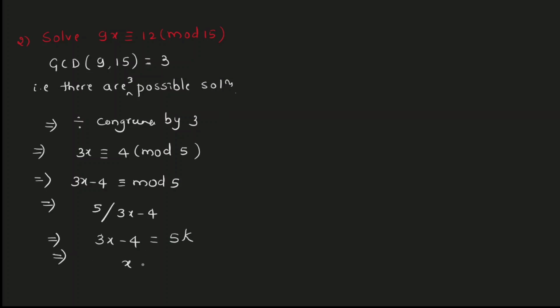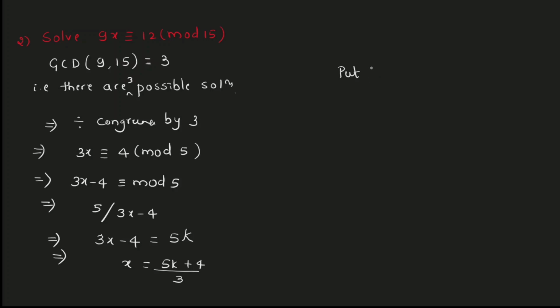Then what is x? x is equal to (5k plus 4) divided by 3. Now by inspection method, you can check for which value of k this value is divisible by 3. So we start by putting k as 0. When you put k as 0, it is 4 by 3.